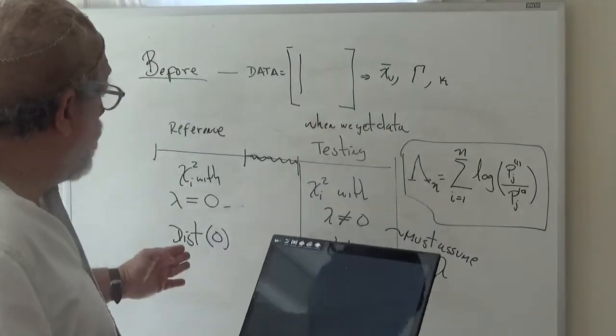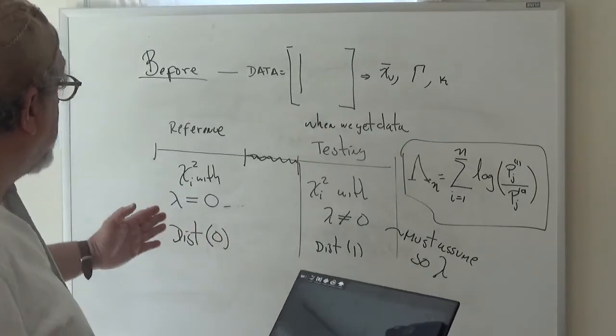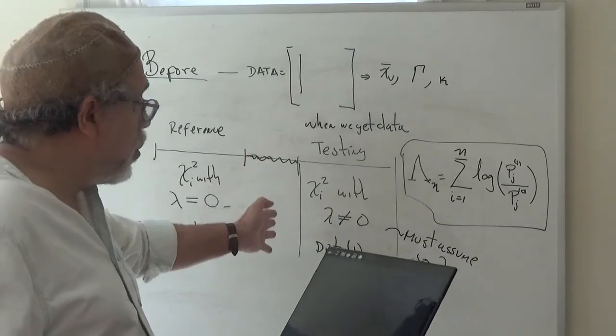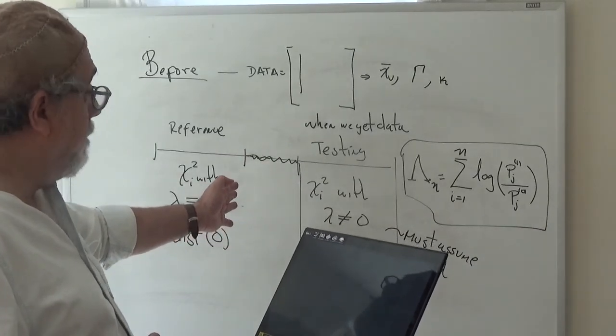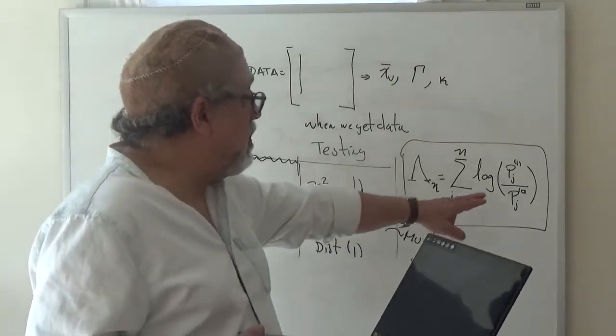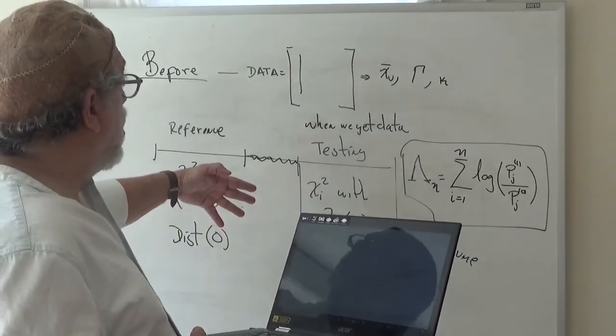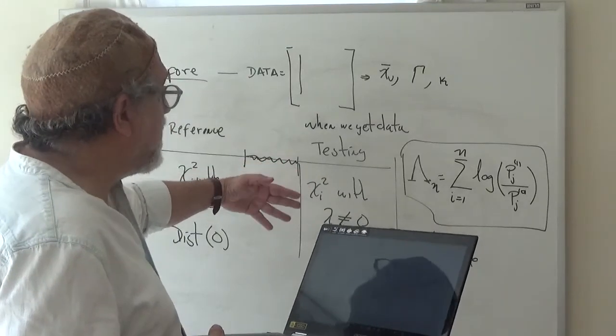And I simulated a situation where for the first 100 tests there was no damage. Therefore, this should have been bigger than this, and this tends to go negative. After the 100th, a little bit of damage appeared.